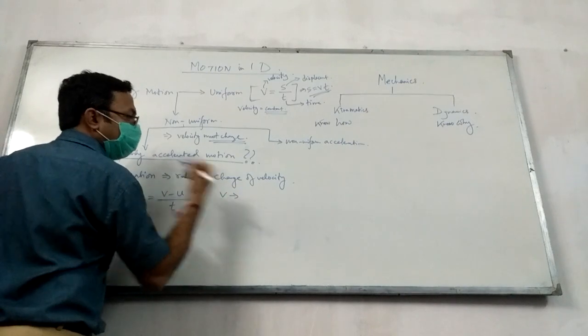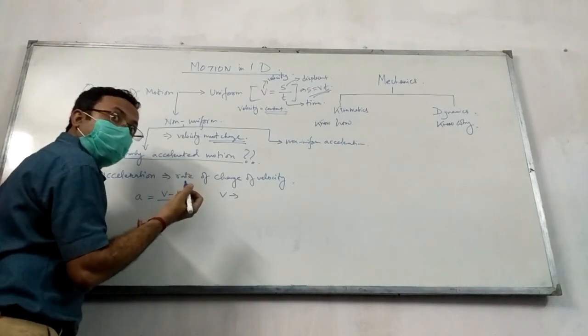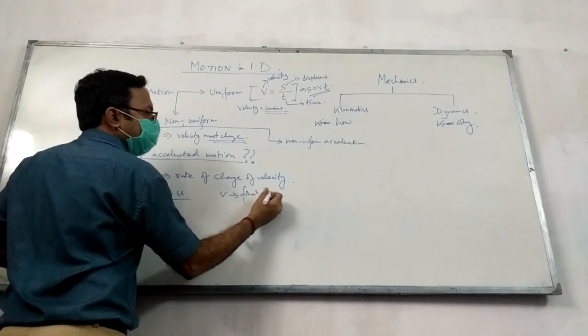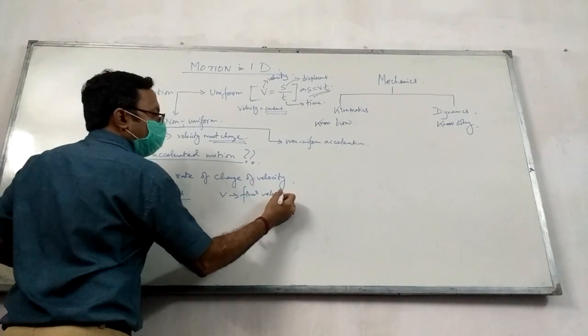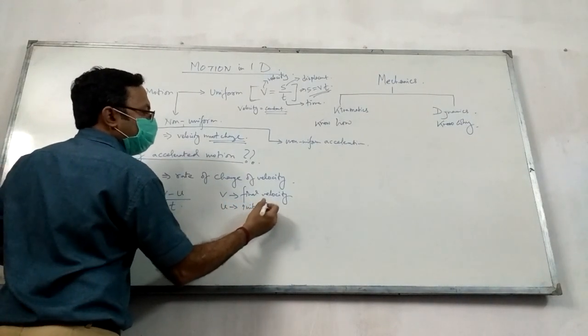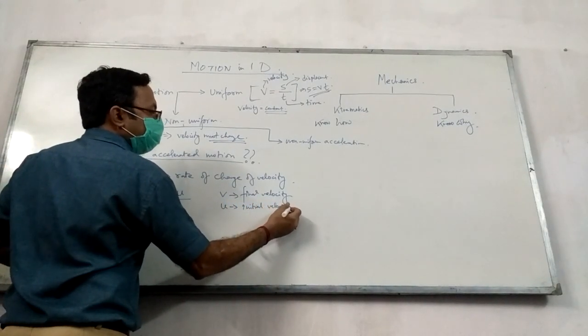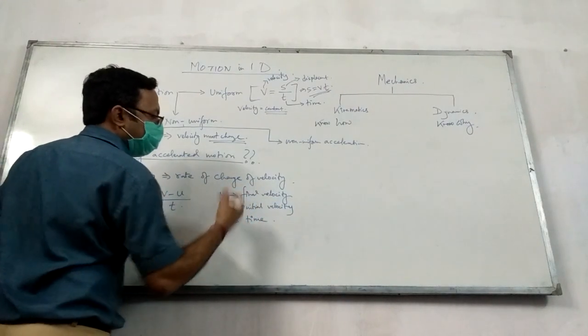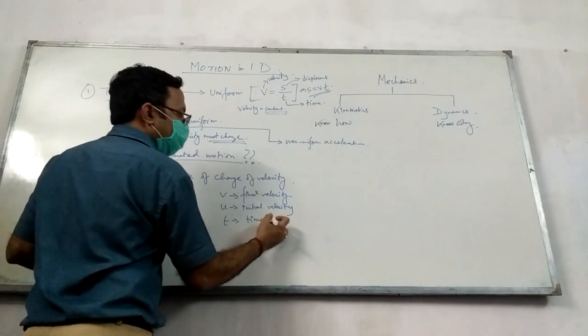V is the final velocity. U is the initial velocity and t is the time interval.